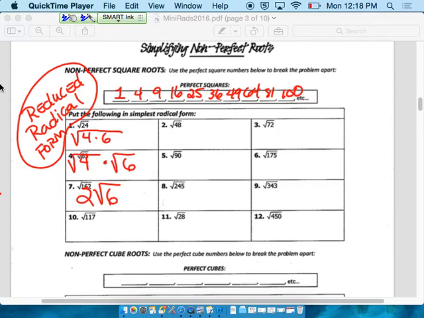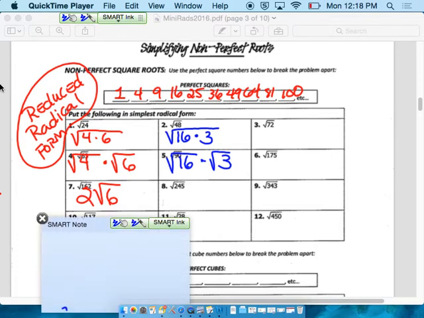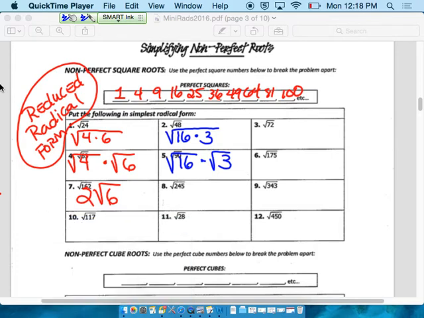Let's look at 48. 48 is 16 times 3. So that's the square root of 16 times the square root of 3. 16 is the perfect square, so I would simplify that as 4 radical 3. That would be my simplified answer for the square root of 48.